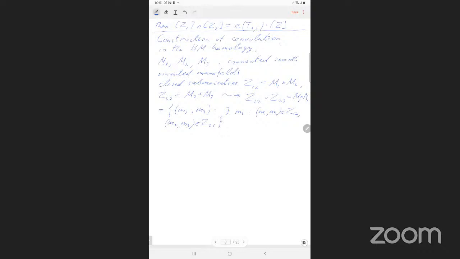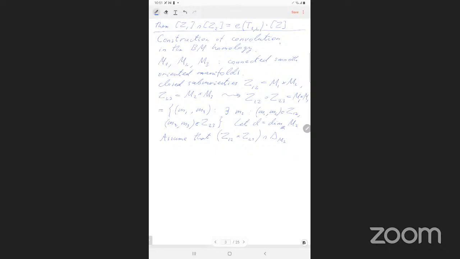Okay, and now we assume that, so let D be the dimension of M2, and we assume that the projection from Z1,2 times Z2,3 intersected with the diagonal in M2 is proper.